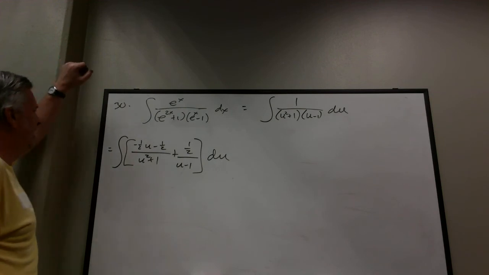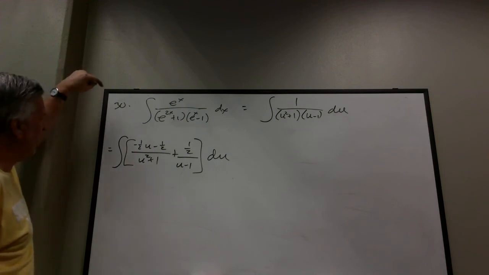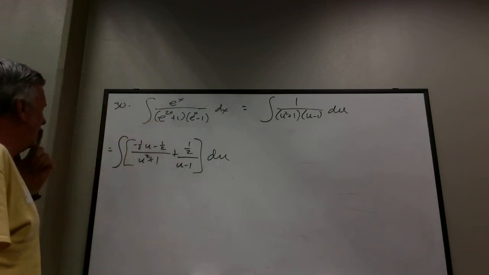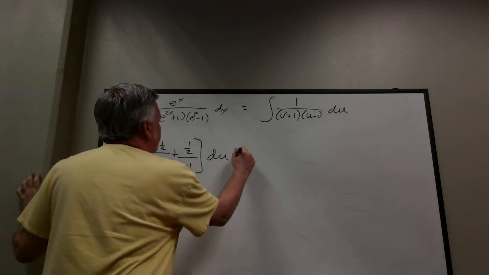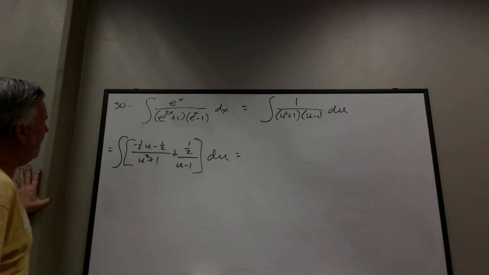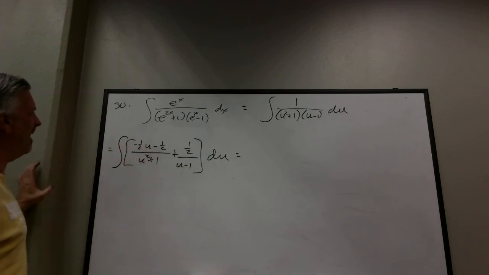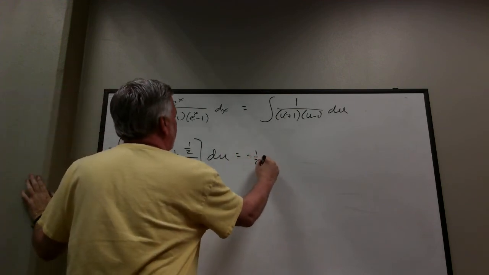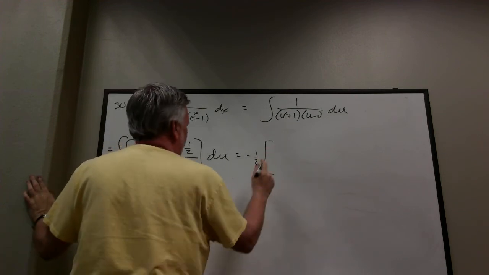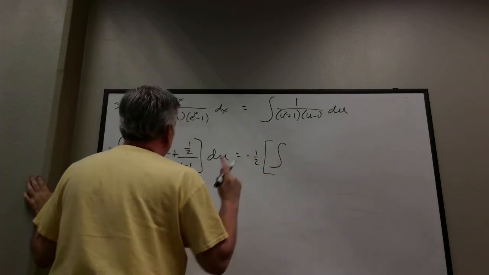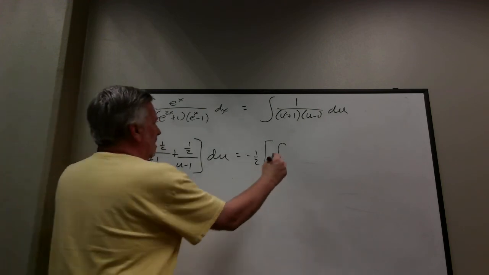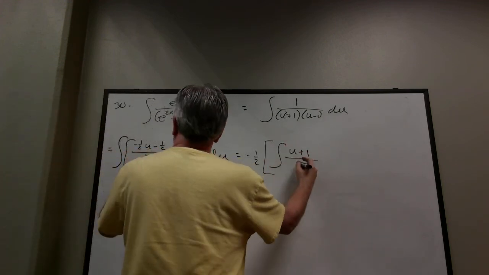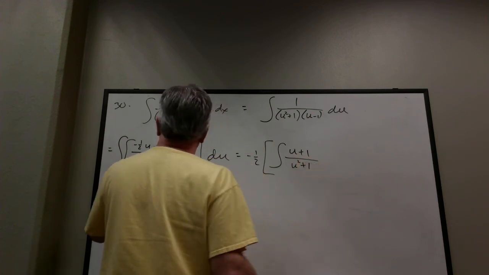Okay, so what we might want to do first, we have a 1/2 here and a 1/2 here and a 1/2 here. Let's factor a minus 1/2 all the way out front, just to clean that up a little. So if I factor the minus 1/2 out of this, I get u plus 1 over u squared plus 1.